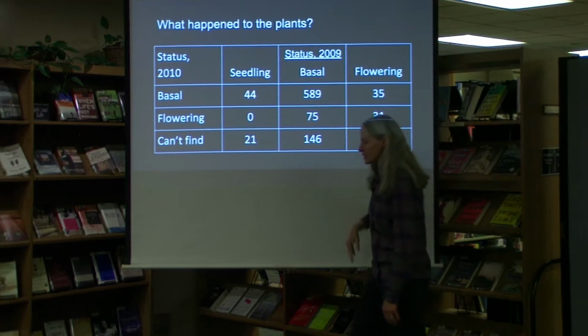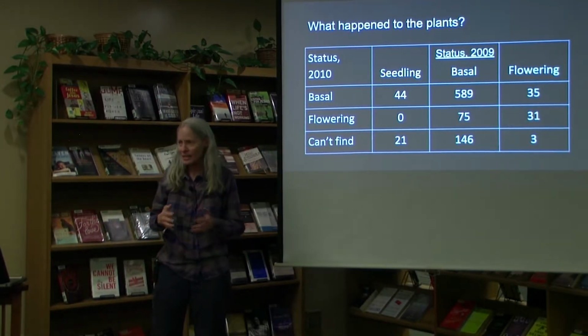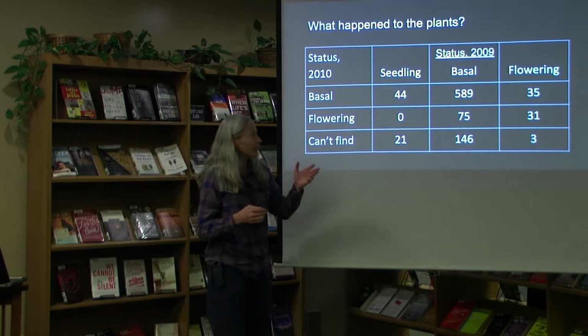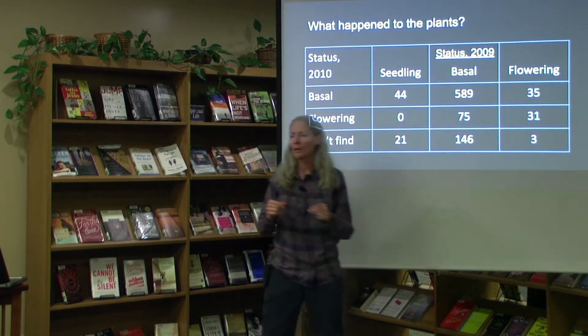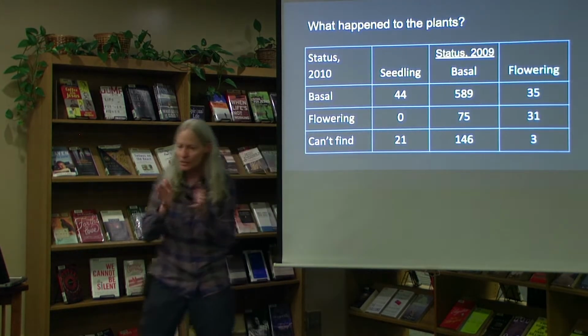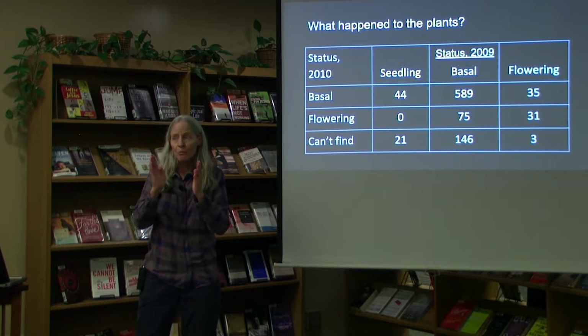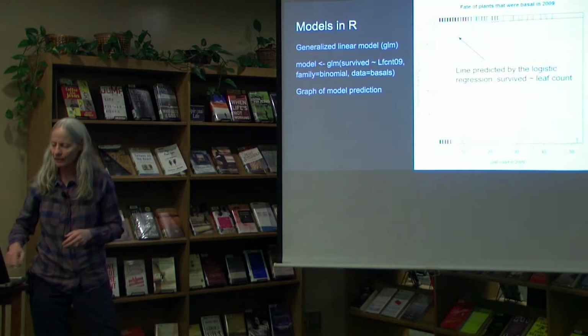And then I had all these basal plants. As I said, this plant doesn't flower for at least 7 years, so it doesn't go seedling, basal plant, flowering plant. I wanted to separate that basal stage into narrower categories so I could analyze their survival.